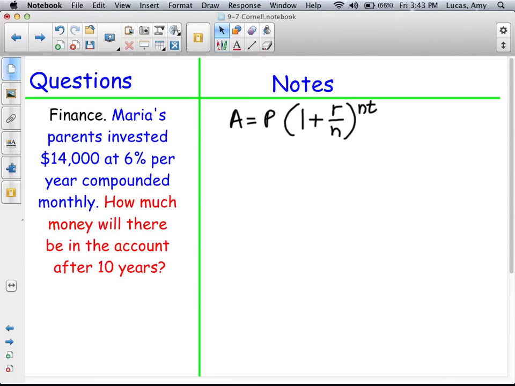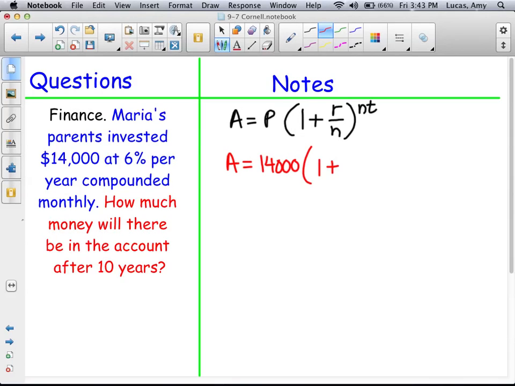Okay, so to answer our question, how much money will be in the account after 10 years? It started out at 14,000, so that is our starting principal. 1 plus our interest rate, 6% is 0.06, divided by the number of times it's compounded, which is monthly. Months would be 12.